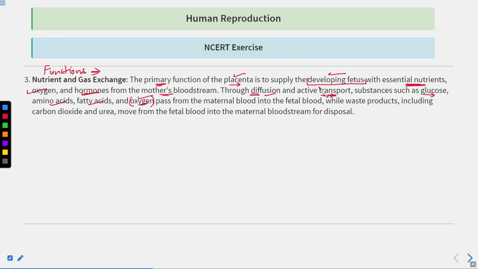And active transport requires energy, it requires ATP. Clear? Substances such as glucose, which is the simplest form of carbohydrate, a 6-carbon sugar. Amino acids help in the formation of protein. So one amino acid combines with another amino acid, then amino acid 3, and then it forms the peptide, then it forms the polypeptide.